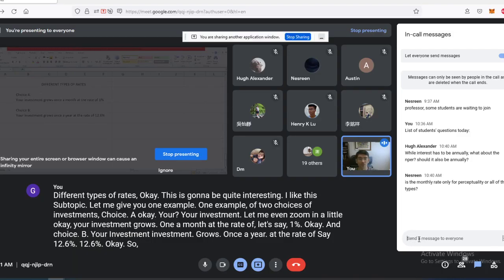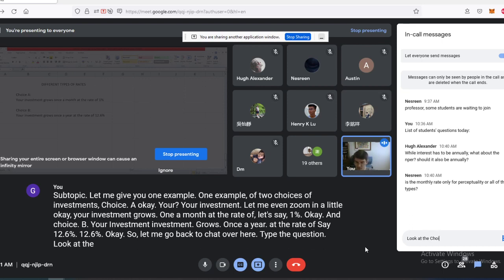So let me go back to chat over here and type the question. Look at the choice A and B of investments and type here which choice you would choose.